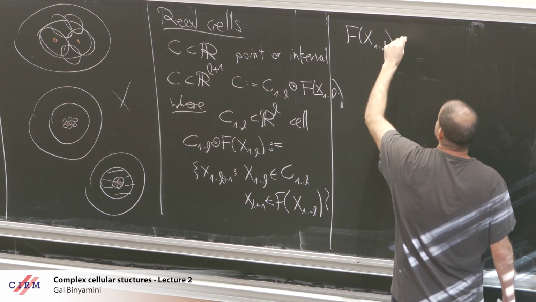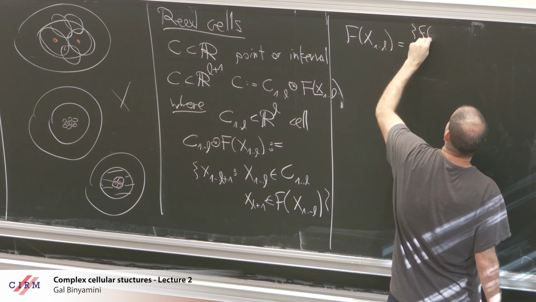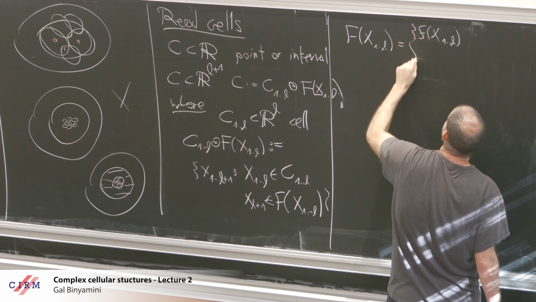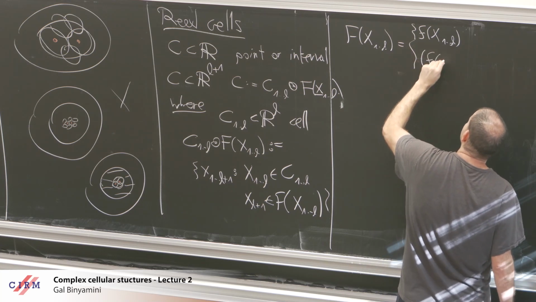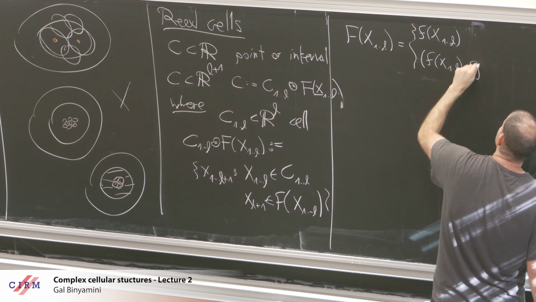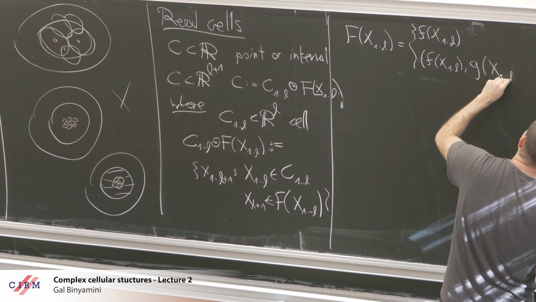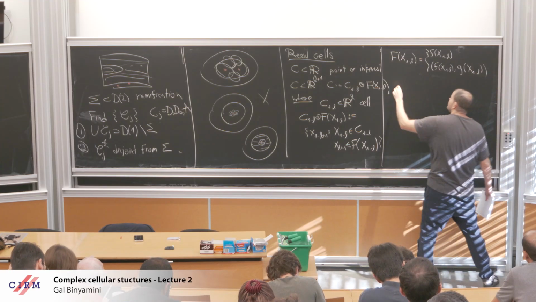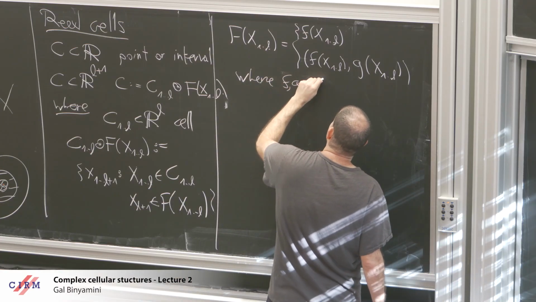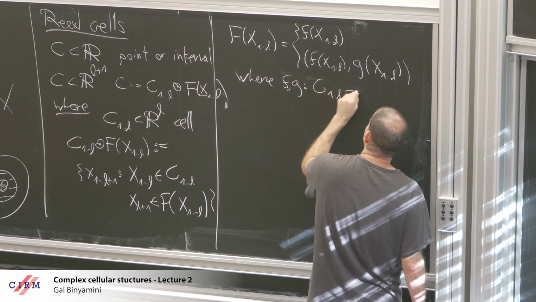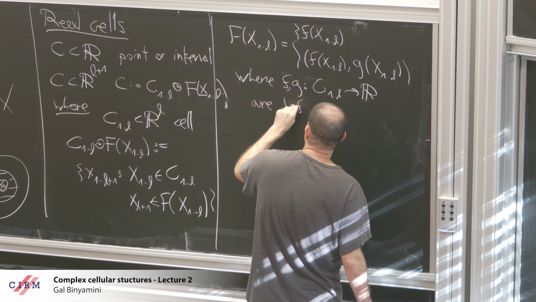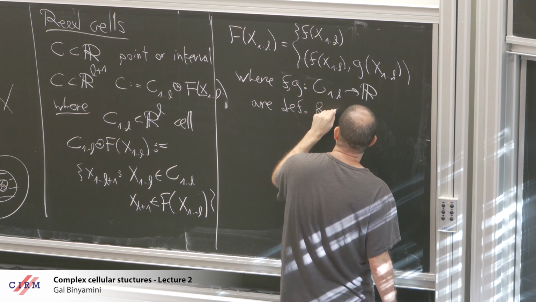This should be either some point, f of x_1 up to x_l, or it should be an interval, an interval given by two functions, where these functions f and g, from the base cell into R, are definable in the structure that you're working with and continuous.